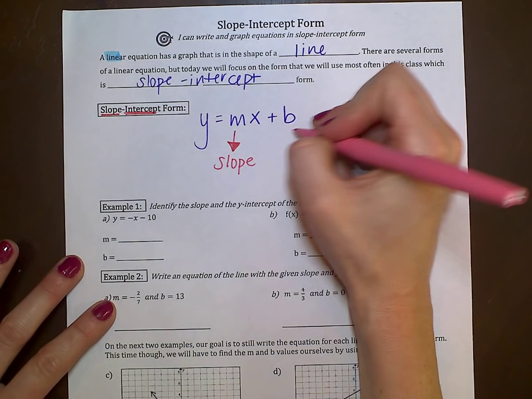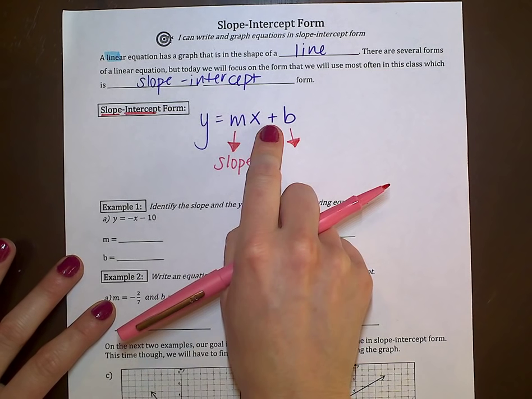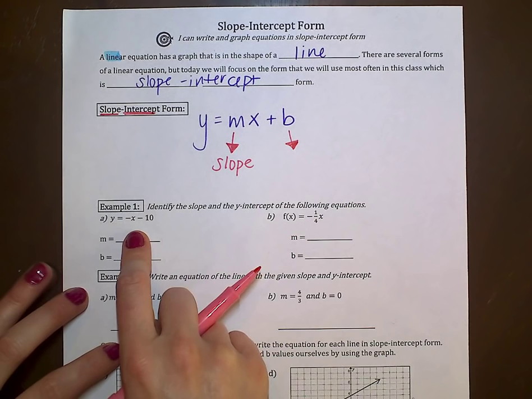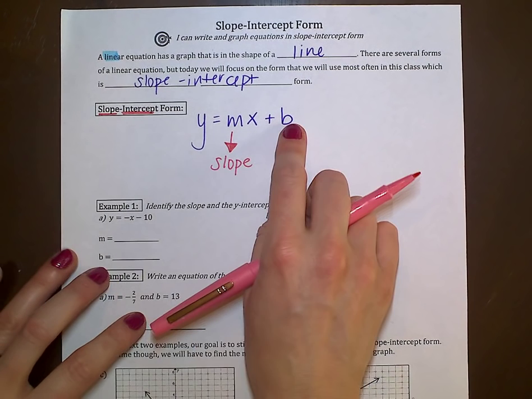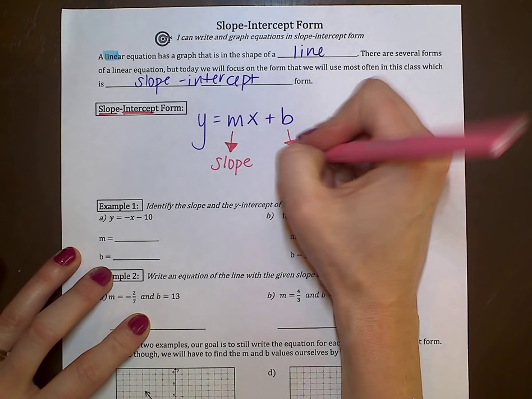Then the b value. We just leave y and x in there; those are part of our equations, we're used to seeing those. So it's m and b that we fill in numbers to replace. The b is something called the y-intercept.